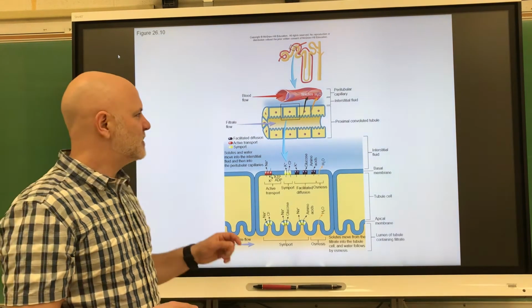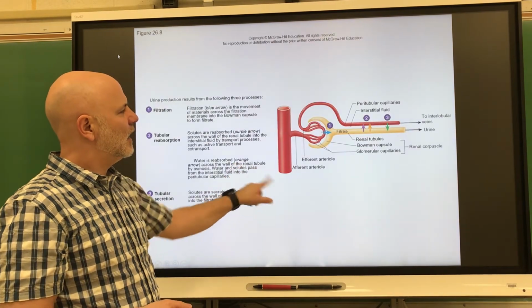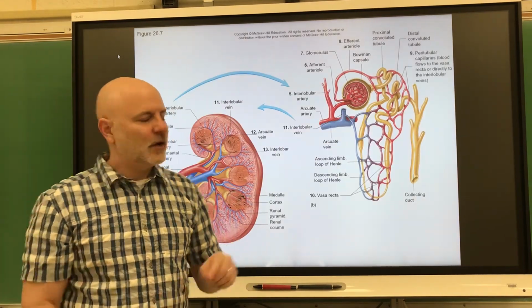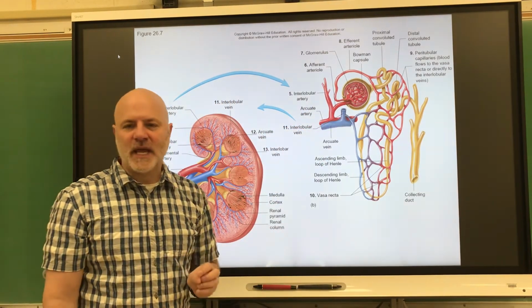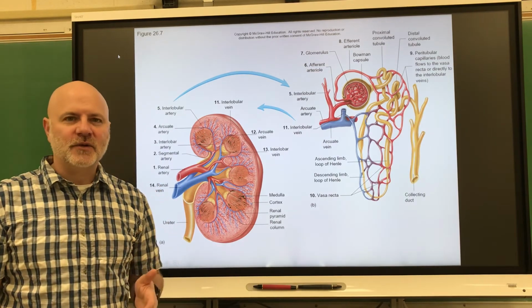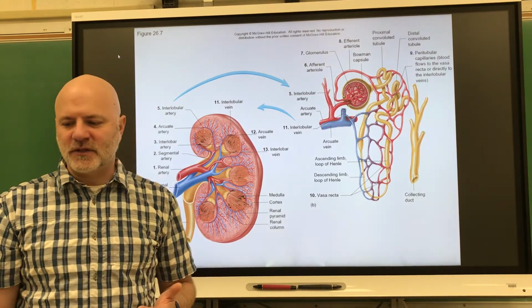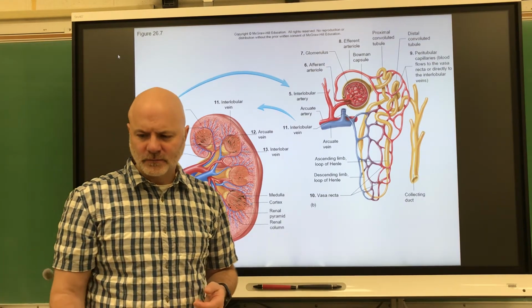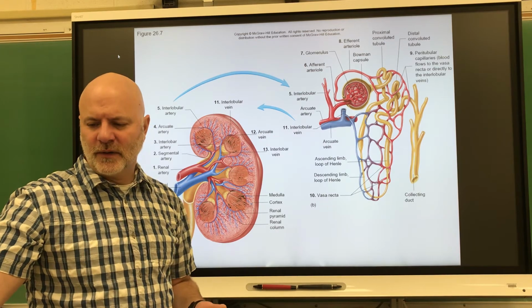So let's take a look at specific areas of the renal tubule. The proximal convoluted tubule at the beginning is our most active reabsorber. It reabsorbs all the glucose, lactate, amino acids, and 65% of the sodium and water. Calcium and phosphates are hormonally controlled in this area.